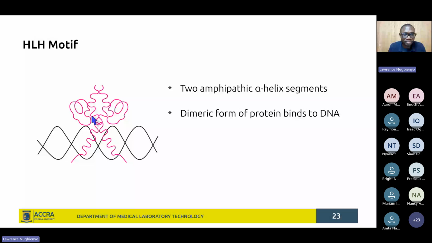So it's referred to as the helix-loop-helix. It's also dimeric, because you have two subunits that look the same. They look similar, and they have such an interaction with the nucleic acid.